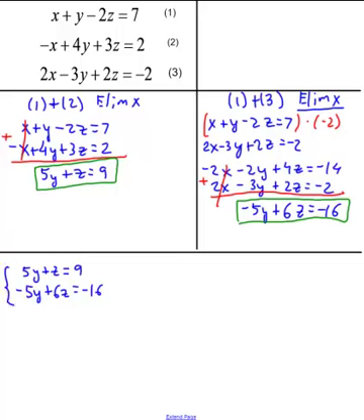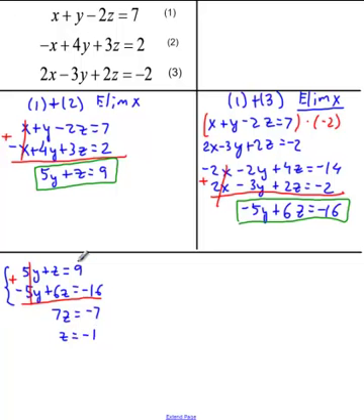And this system is very friendly. If you just add these two equations straightforwardly, 5y and negative 5y will eliminate each other, and we are going to receive z plus 6z, which is 7z, equals negative 7, and therefore z must be equal to negative 1.